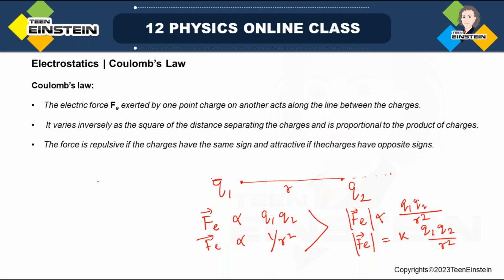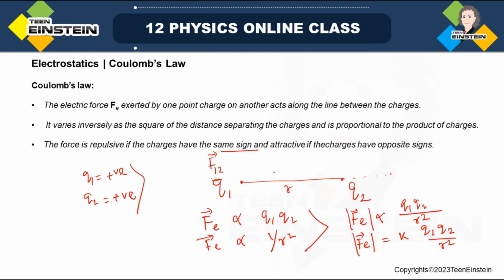Now come to the point. If we have two charges of the same sign, that means Q1 is positive and Q2 also is positive, then this force will be repulsive in nature. What is this repulsion? If I say force on Q1 due to Q2, I should write it this way with a vector sign.